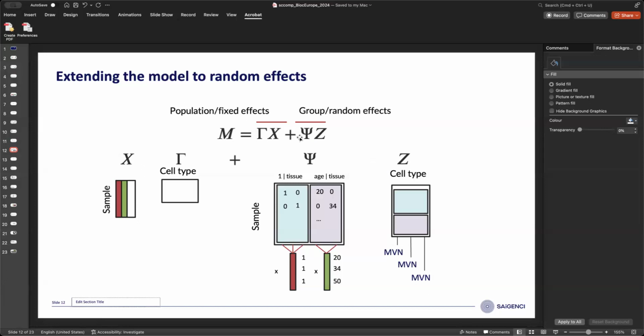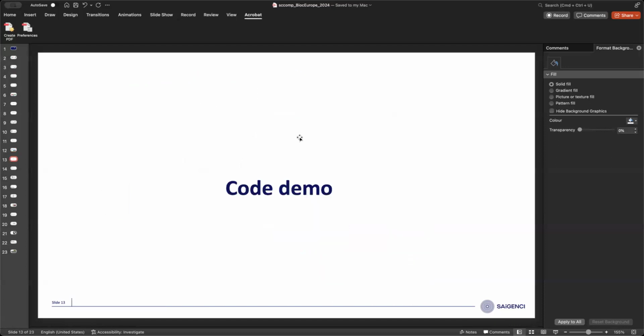And because you have many cell types, you have to have these multivariate normal priors on each of the cell types. And this would be one level. Let's say we have our fixed effect, our datasets, and then we can add another, as I showed before, which are the organs, and it will be just another sum as this one. So it's quite modular, the way you can extend this type of models.